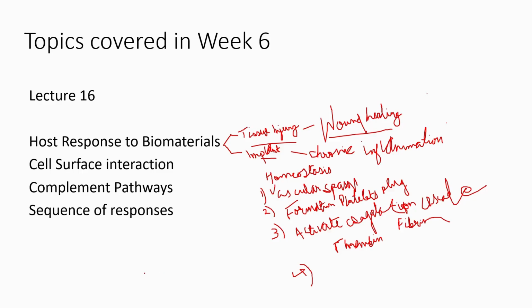And then also there are complement pathways. When our body experiences a response event other than a regular event, these complement pathways are activated. There are three different complement pathways.